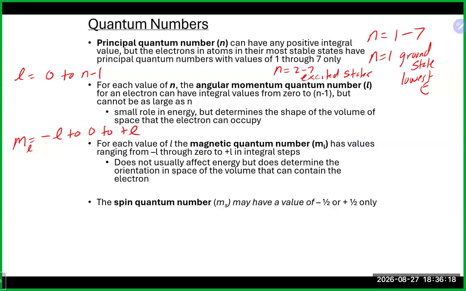As I mentioned before, the spin quantum number, which is m sub s, only has values of +0.5 or -0.5. And that has to do with, for example, if this line represented an orbital, any individual orbital, you can only put in there 2 electrons. So any individual orbital can hold a maximum of 2 electrons.